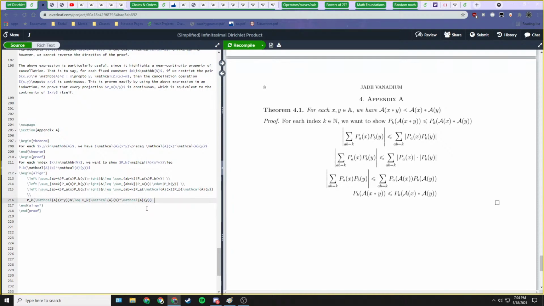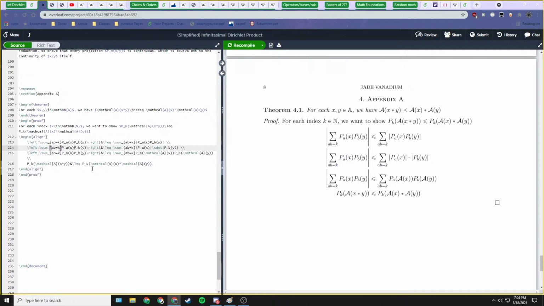There we go, and actually align everything. So all of these right sides are equal. The left sides are also equal. Actually, we don't even change the left side at all until the very end, which is that this is just the absolute value of the projection. We can also update this left side a little more to make it clearer.